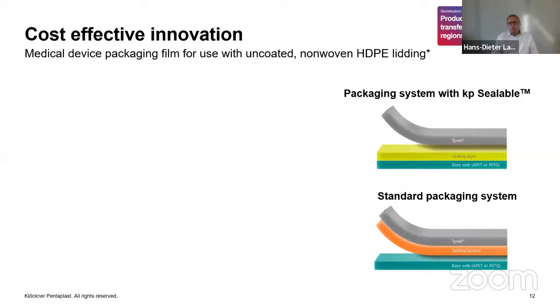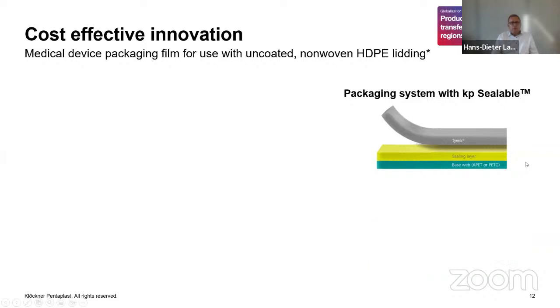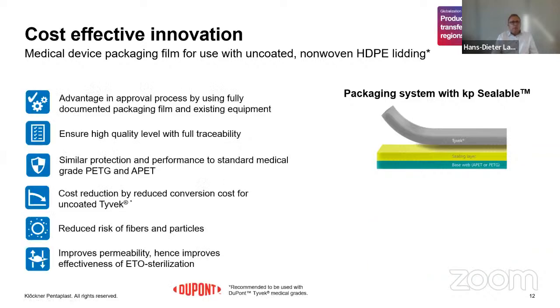Rigid films are used, for example, for orthopedics and cardiovascular instruments, in the range between 300 micron and up to 1000 micron. For this rigid packaging, there is material available where you can use uncoated Tyvek instead of the sealed Tyvek that is usually used. There are some advantages.